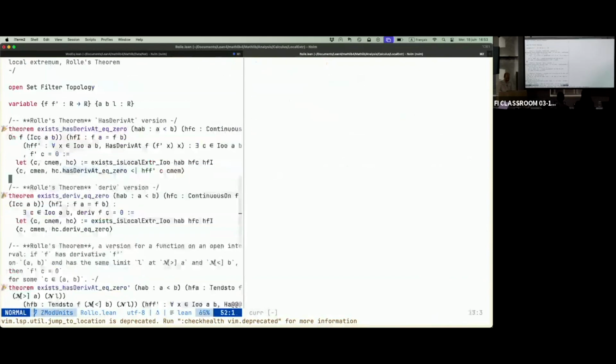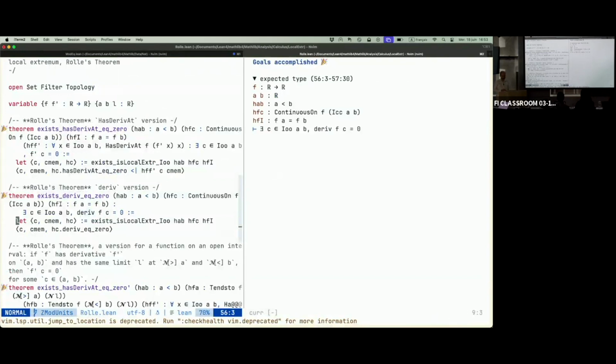The next lemma is very fun, because if you look at the statement, it says that if you have a continuous function on the closed interval AB, which takes the same value at A and B, then there exists a point in the open interval where the derivative is 0. If you say that as a first-year university student, you get a bad mark, because you're supposed to state the assumption that the function has a derivative.